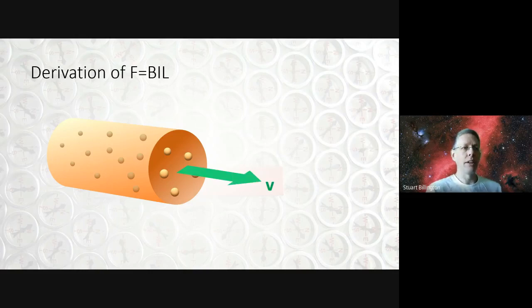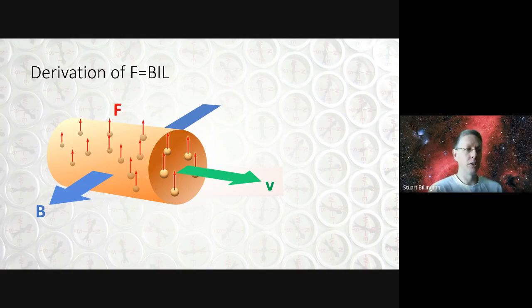And those electrons have an average velocity of v along the wire. Then if we place the wire in a magnetic field, because the charged particles are moving in a magnetic field, every single one of those charged particles separately will experience a tiny little force F. And if you just use your left hand now, just to play the game, you need to push your first finger in the direction of the blue arrow.